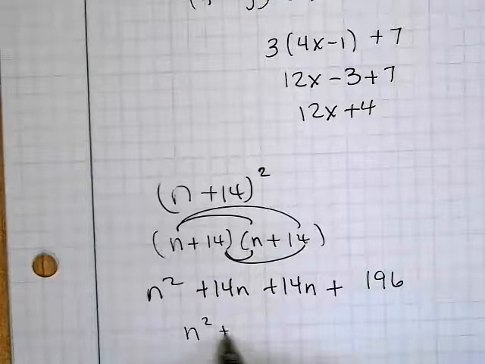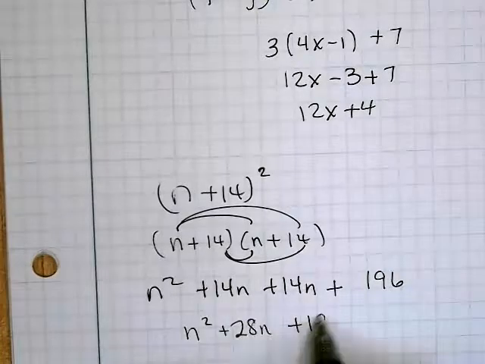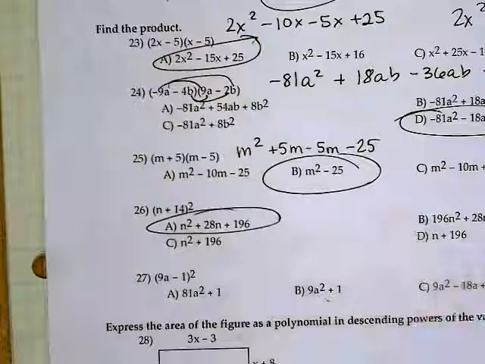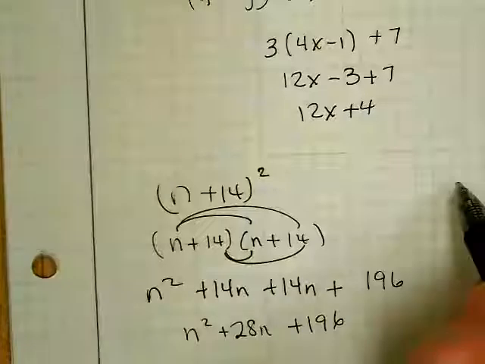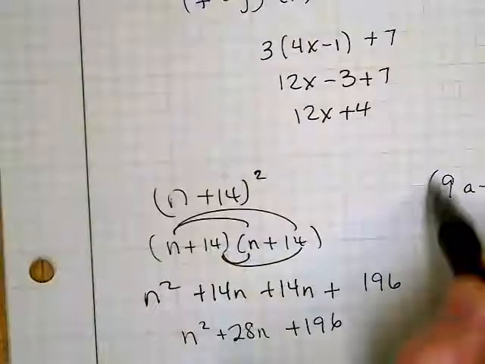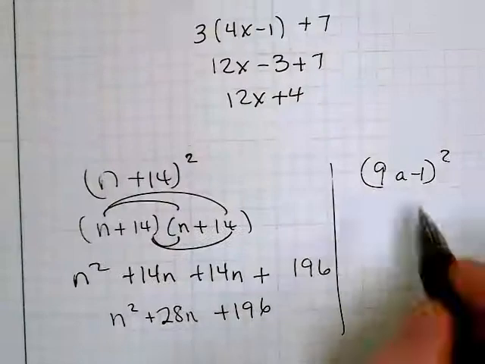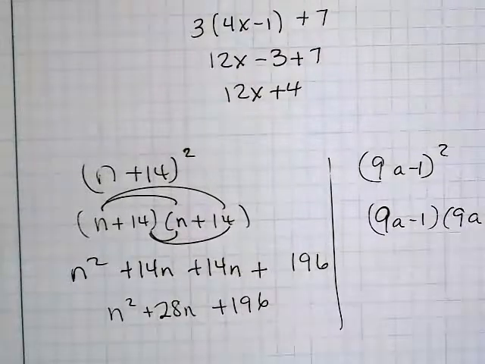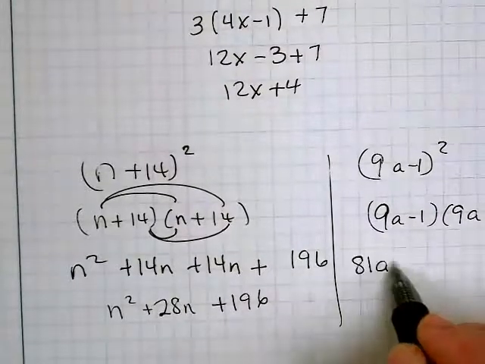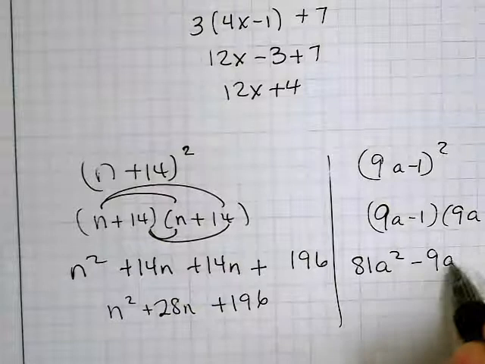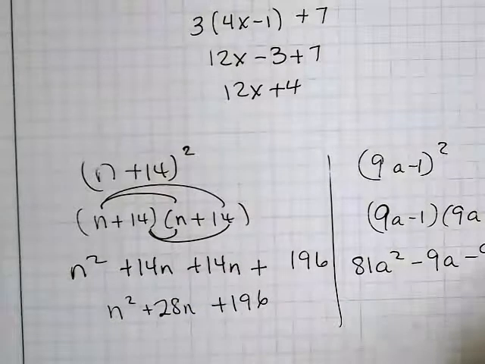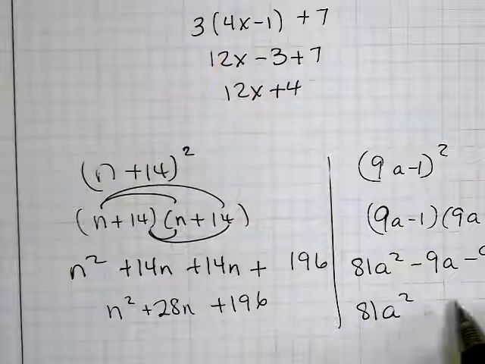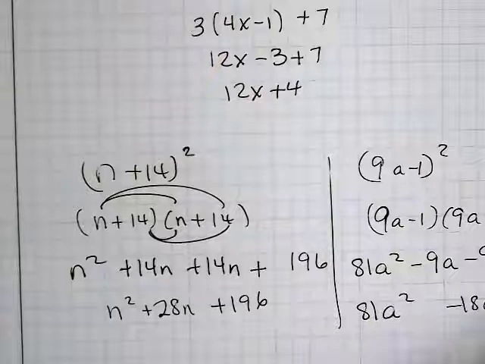N squared plus 28n plus 196. 27, 9a minus 1 squared. 9a minus 1 times 9a minus 1. 81a squared minus 9a minus 9a plus 1. 81a squared minus 18a plus 1.